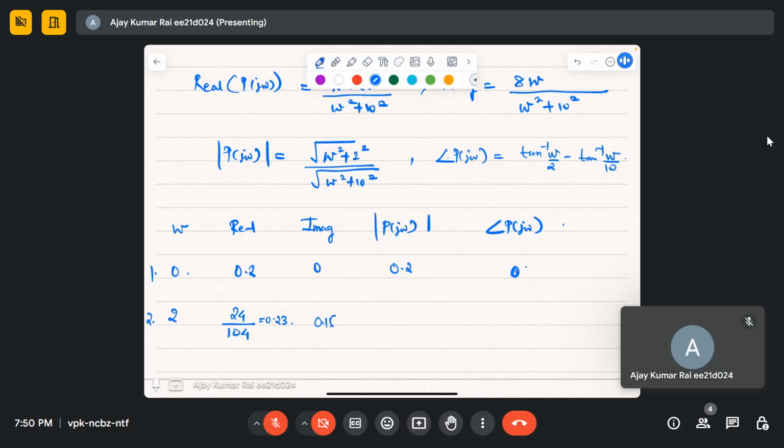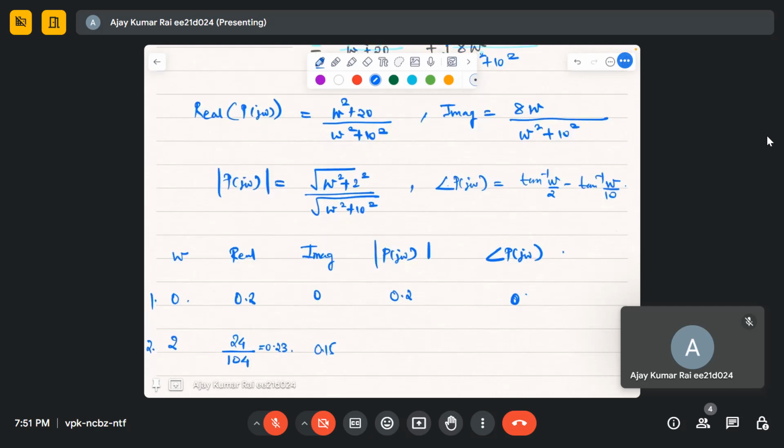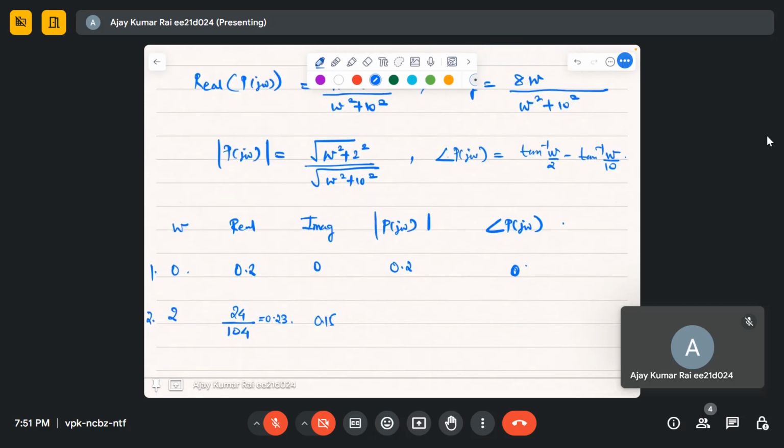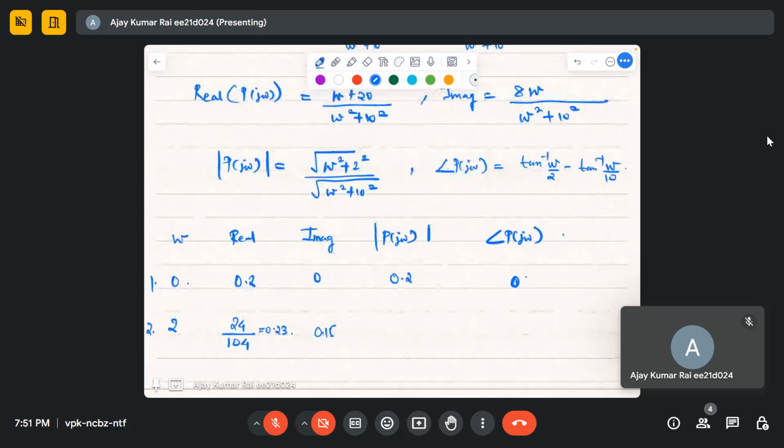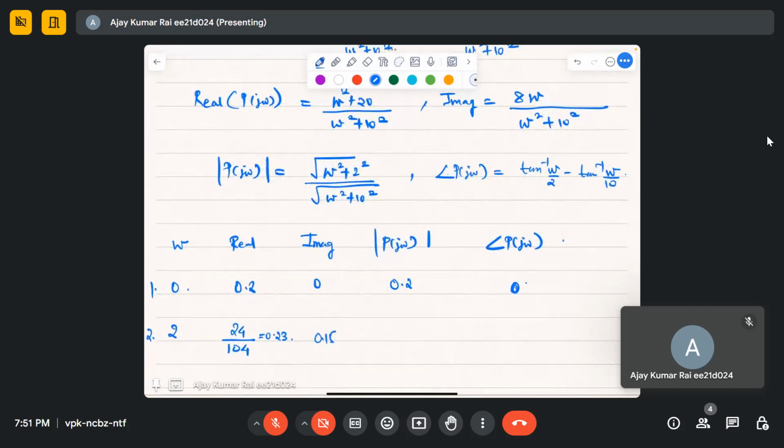Now you're asking what the magnitude is. You can do this also: 0.23 square plus 0.15 square. So 0.27, something like that.